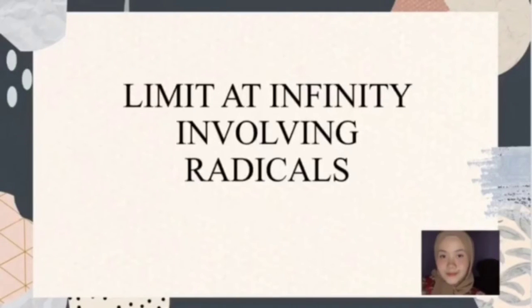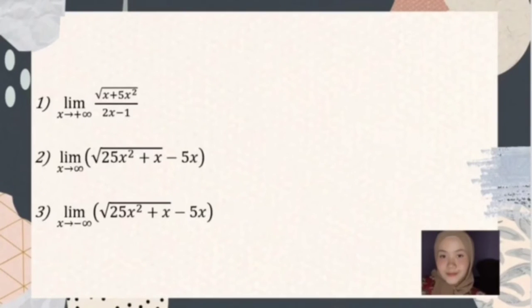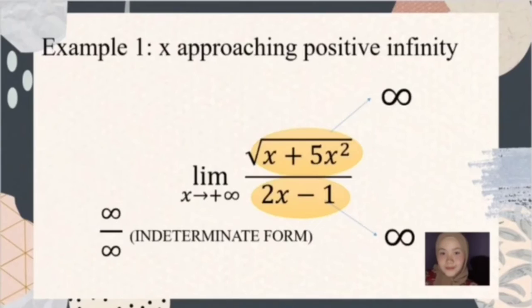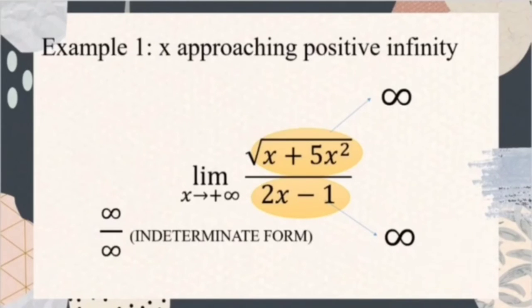Okay, I will explain to you all about limits at infinity involving radicals. In this video, we are going to evaluate the following limits at infinity. Let's get started. From this example 1, we can see the limit as x approaches positive infinity. The numerator goes to infinity and the denominator goes to infinity.